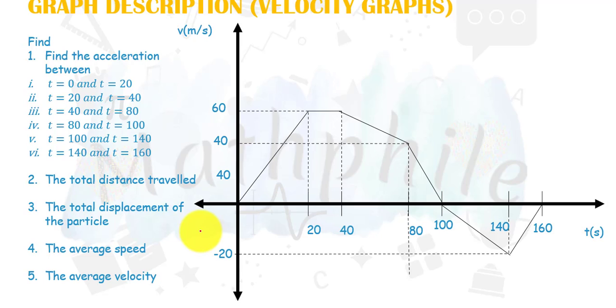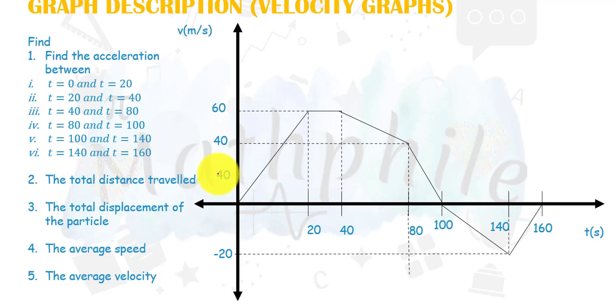Then the third one is minus 0.5. Okay, so what does it mean, the negative at that point? Is the particle moving backwards?